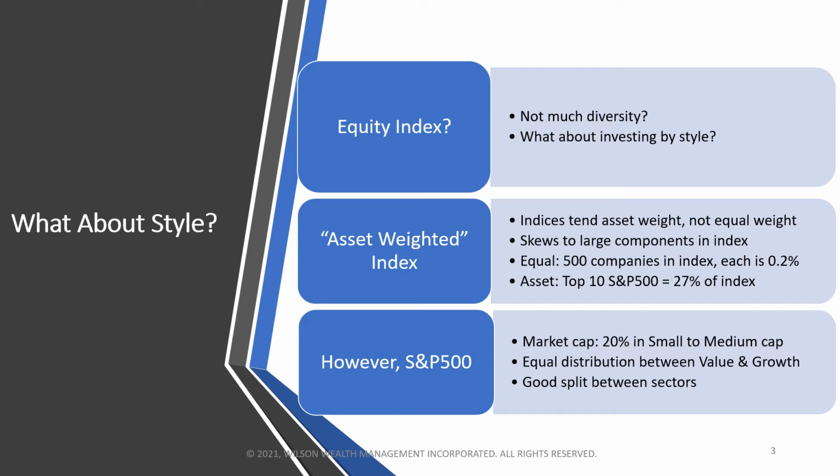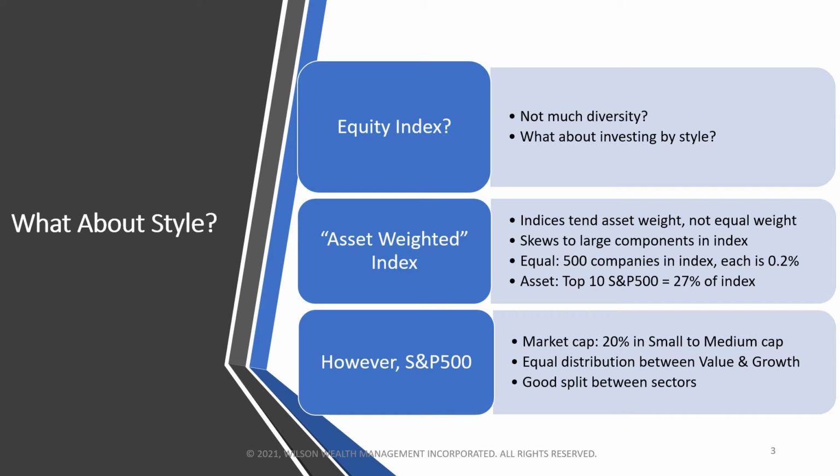The first thing I'll say, just as a side note, is that indices tend to be asset weighted as opposed to equal weighted. There are some that are equal weighted, but I think the vast majority you'll encounter will be asset weighted. And what does that mean?